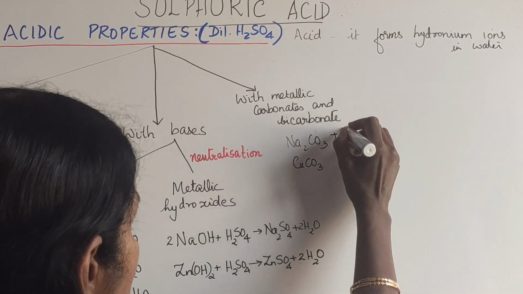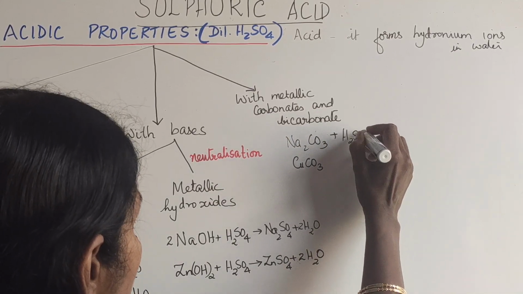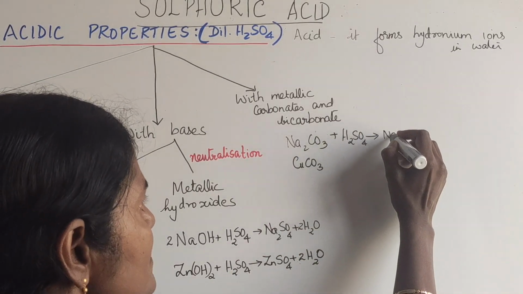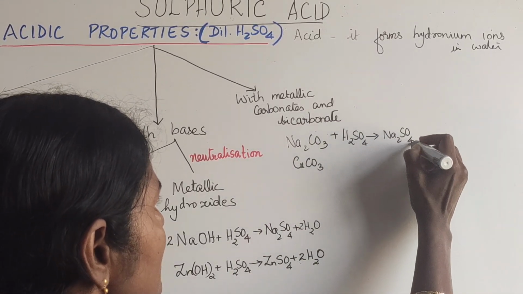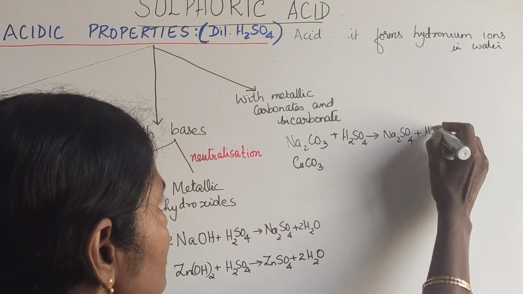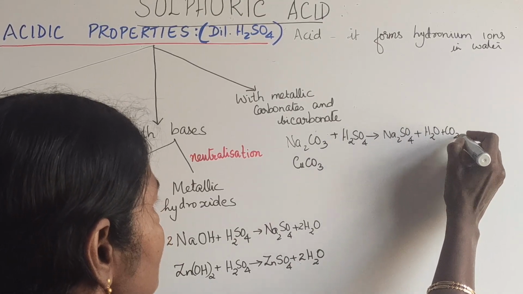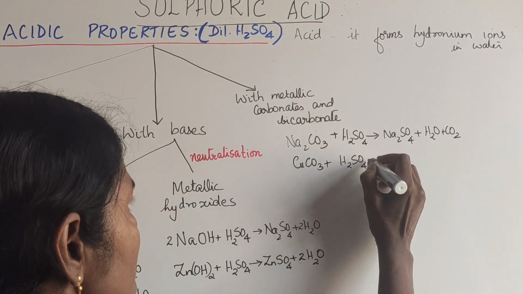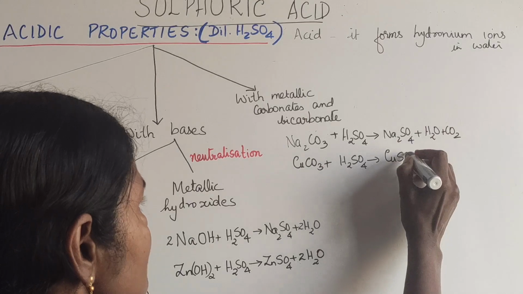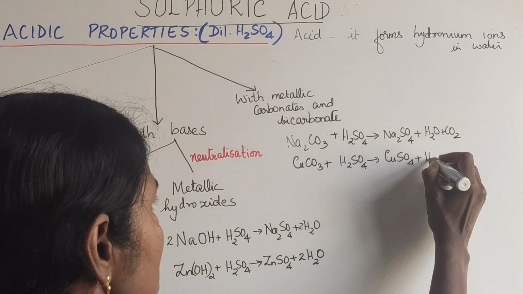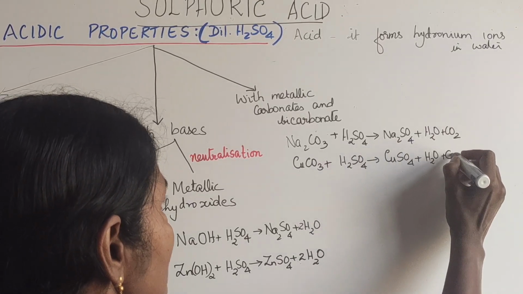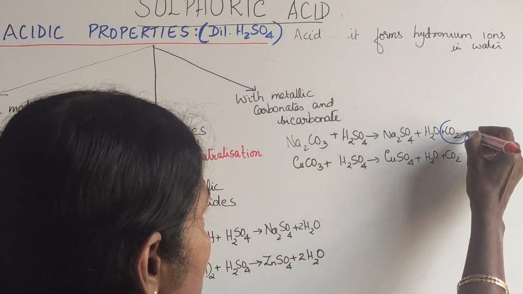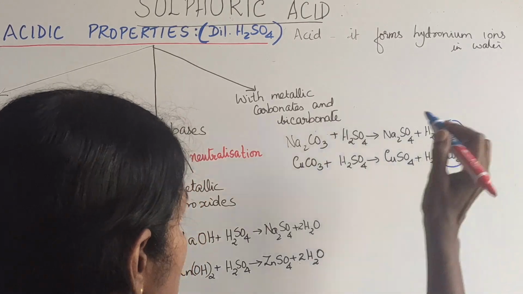This reacting with dilute sulfuric acid again to give you sodium sulfate plus water plus carbon dioxide. Copper carbonate plus dilute sulfuric acid would give you copper sulfate plus water plus carbon dioxide. So in these two cases with carbonates, it gives you carbon dioxide.